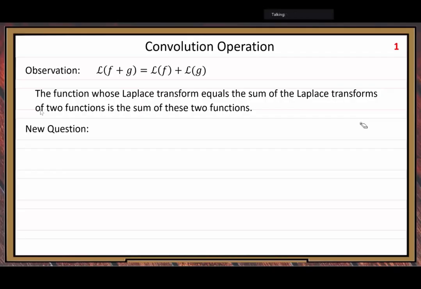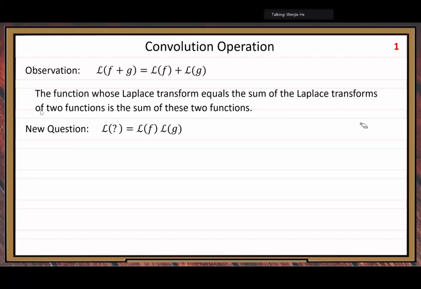When mathematicians try to discover new properties, they usually use analogy. So here we want to find the function whose Laplace transform equals the product of the Laplace transforms of the individual functions.